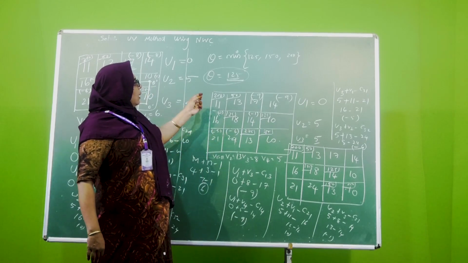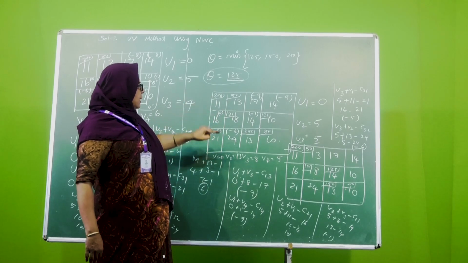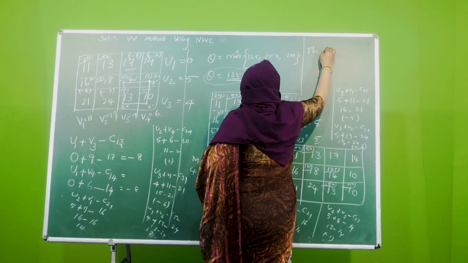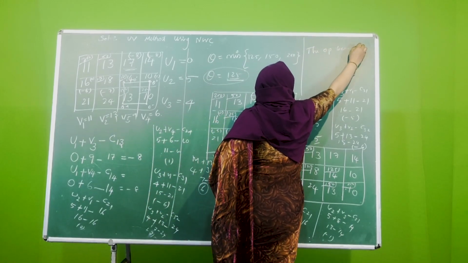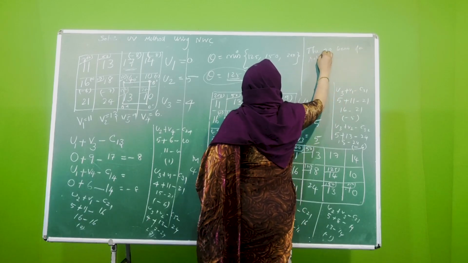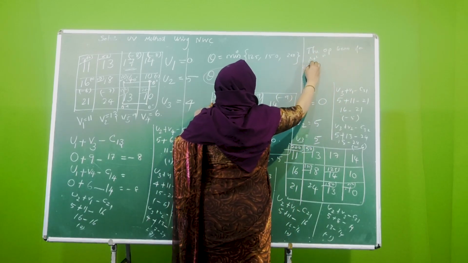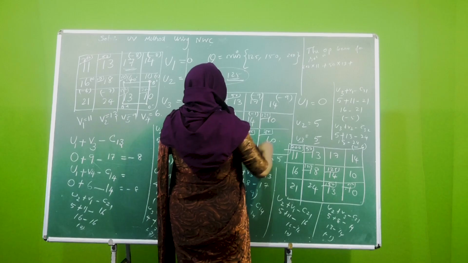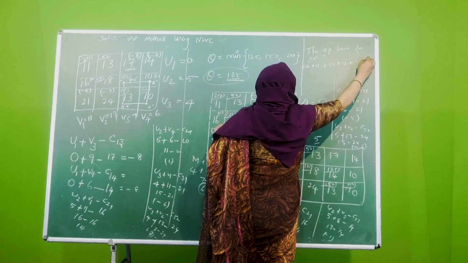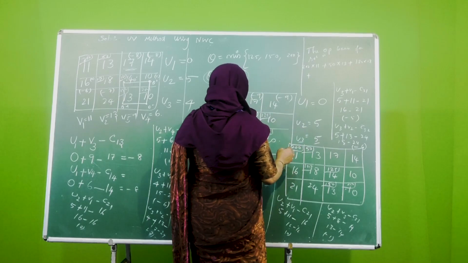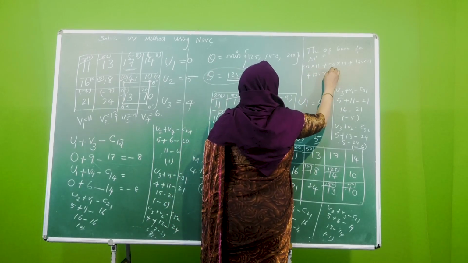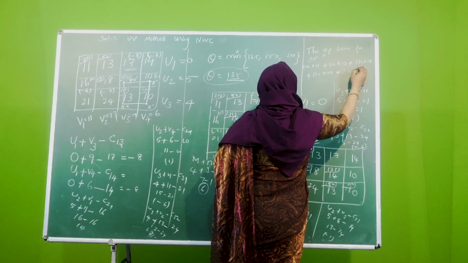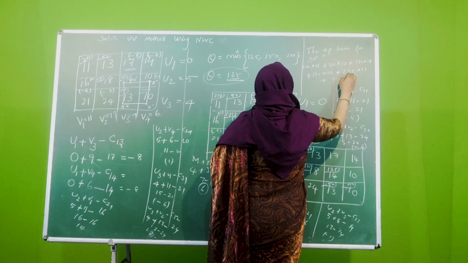Now the optimum basic feasible solution is 200 into 11 plus 50 into 13 plus 175 into 18 plus 125 into 10 plus 275 into 13 plus 75 into 10.